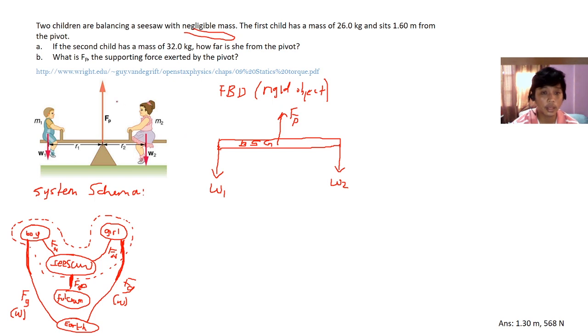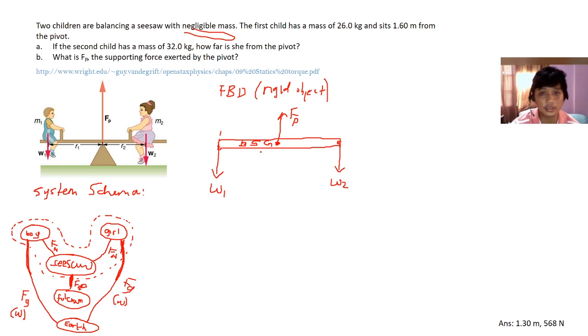And so, if the second child has a mass of 32 kilograms, how far is she from the pivot? So, what's unknown is this distance from FP to W2. We also know that this distance here is 1.6 meters.